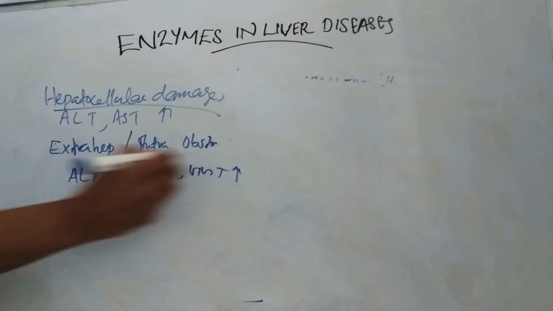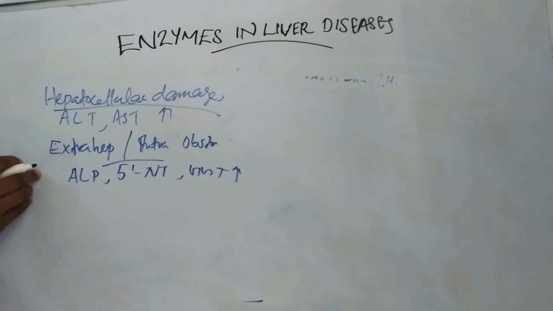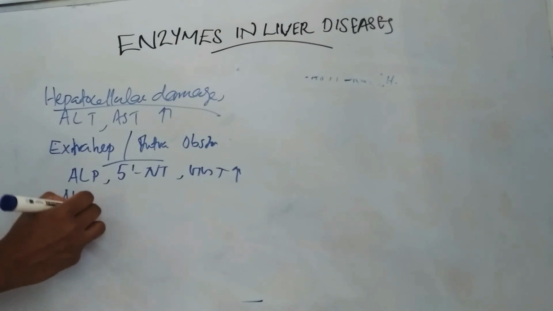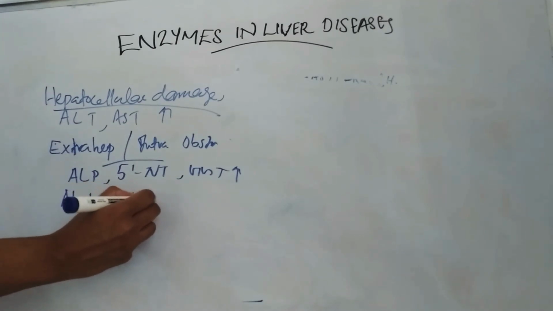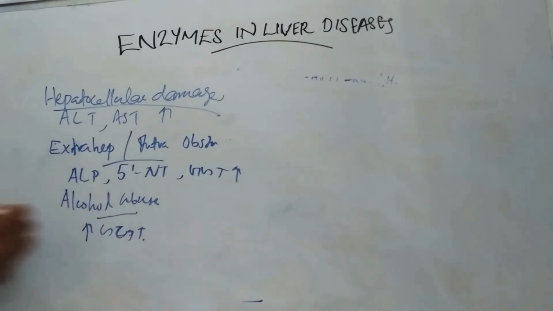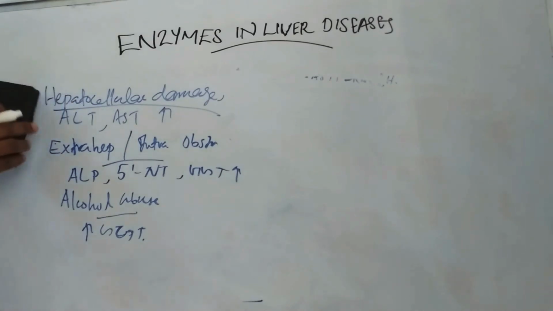Then in alcohol abuse, there will be increase in GGT. So these are the common enzymes in liver diseases.